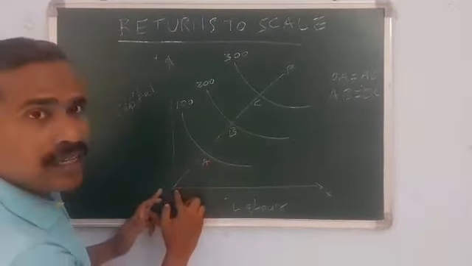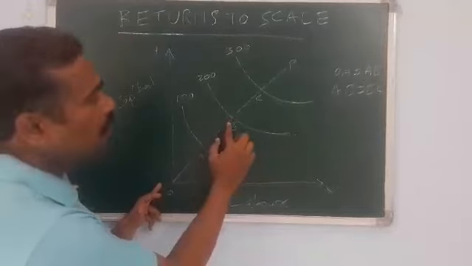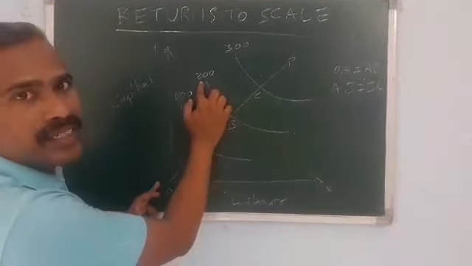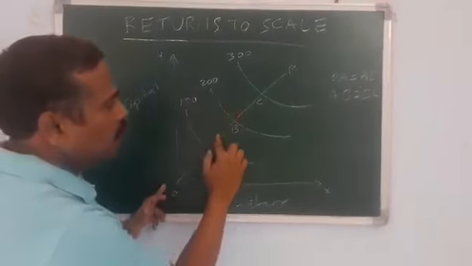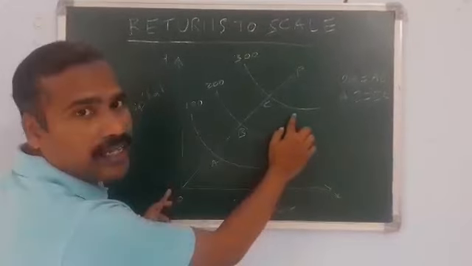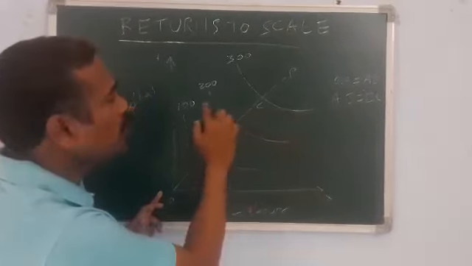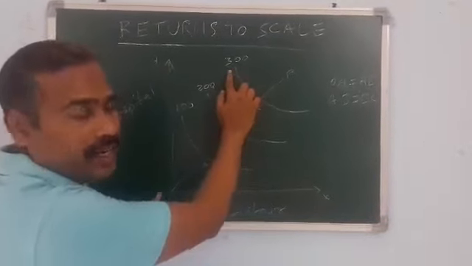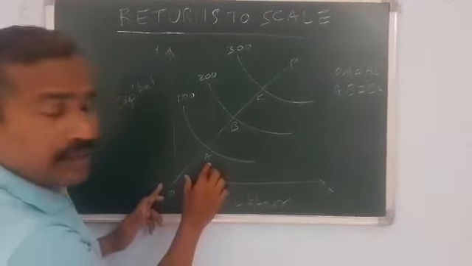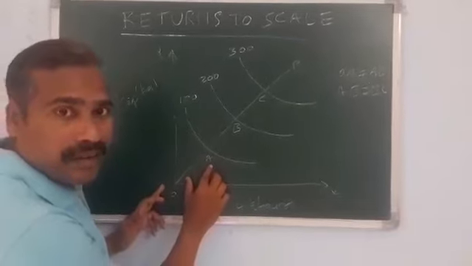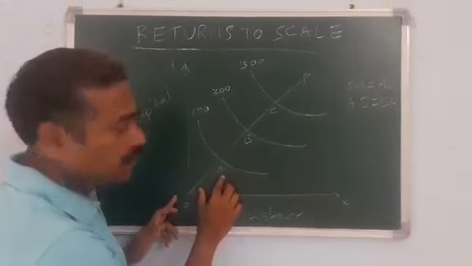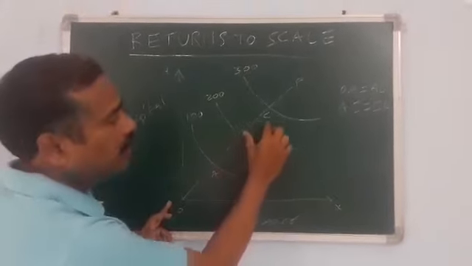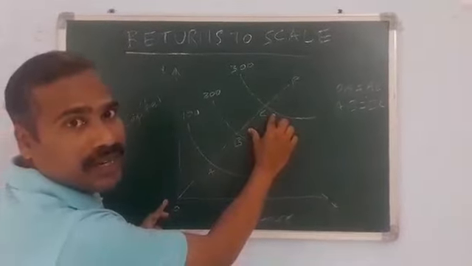If you increase OA to AB, you will get 200 units of the production. So these 3 isoquants are expressing 100, 200, 300 units of the production. Here we are using OA level of production factors, here AB level, here BC level of the production factors.